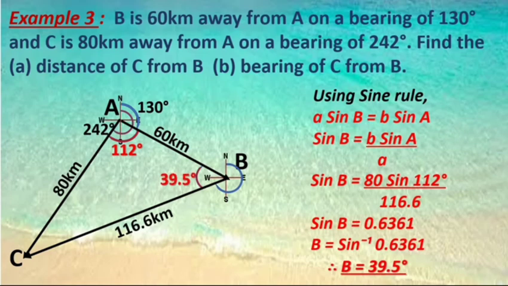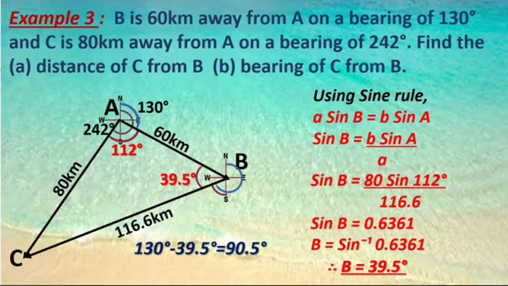Now, if my angle B is 39.5 degrees, it is not the same thing as the bearing of C from B. Remember that bearing is always counted from the north in the clockwise direction. So, I will find the other angles, which are alternate angles and sum of angles on a straight line.